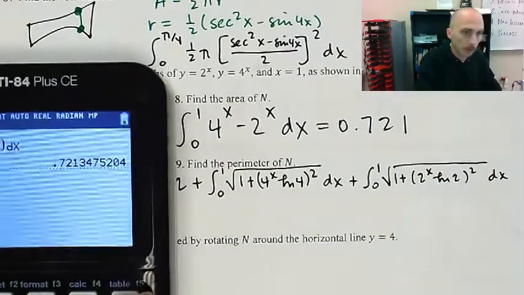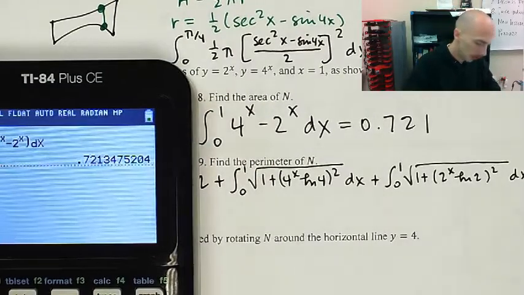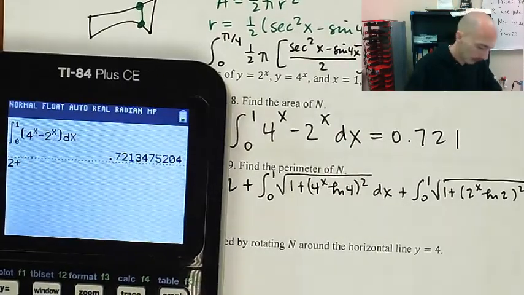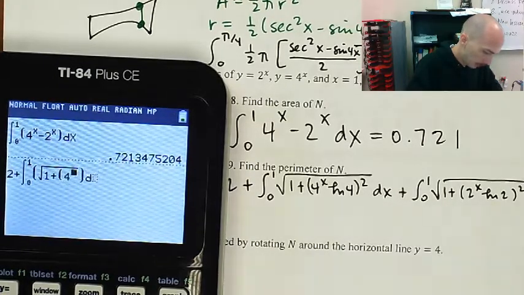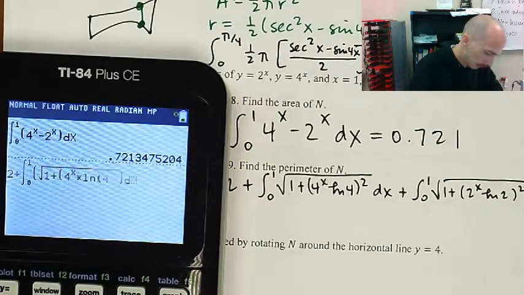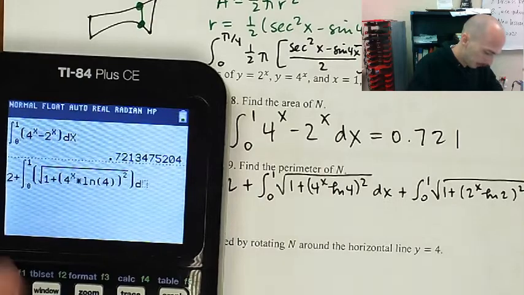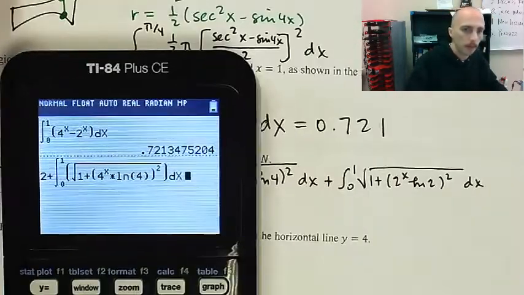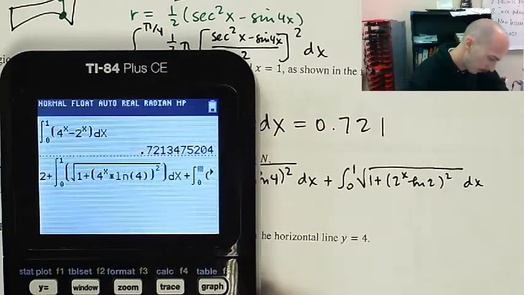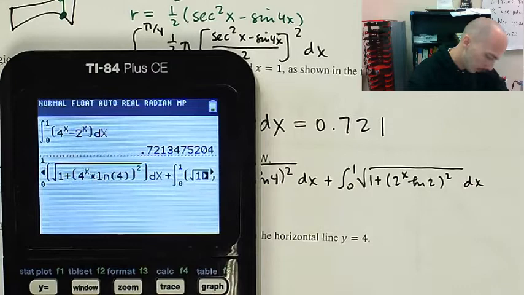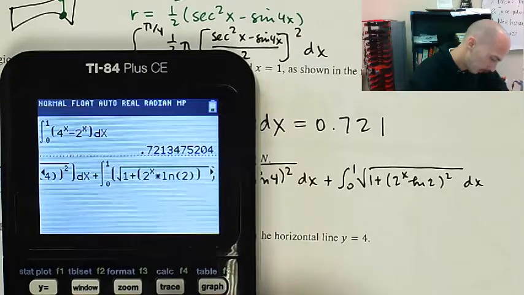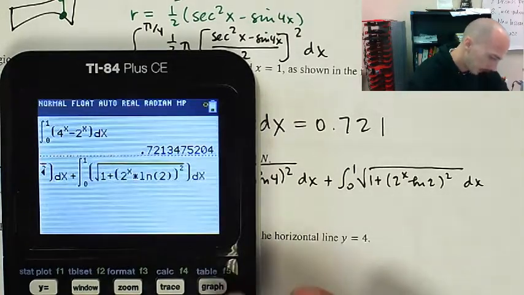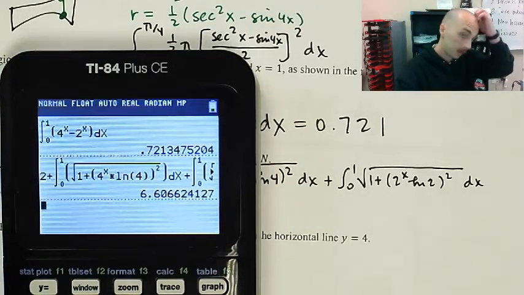It looked like we did this with the calculator. 2 plus the integral from 0 to 1 of the square root of 1 plus (4 to the x times log of 4) squared dx, plus the integral from 0 to 1 of the square root of 1 plus (2 to the x times natural log of 2) squared, and it's going to get 6.607.